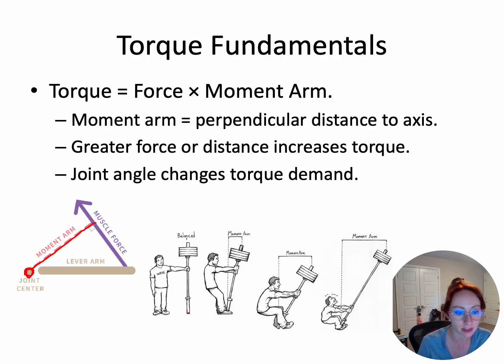So right here, having the joint center, the joint axis, right here in the center, everything is balanced. That perpendicular is balanced along with the force. But then when we move it just slightly, where now you're holding it at a tilted angle, that axis changes. And so it slightly increases the moment arm, that perpendicular distance to the axis, to the force being generated by the weight pulling against gravity.